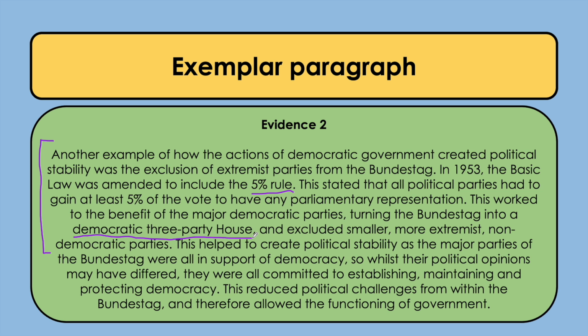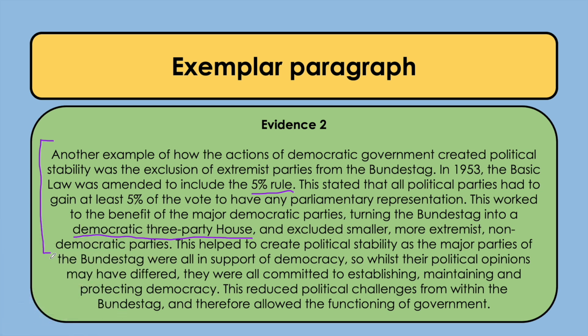Now, if I just said there that another example of how the actions of democratic government created political stability was the exclusion of extremist parties from the Bundestag, in 1953 the Basic Law was amended to include the 5% rule, your examiner is going to be like, that's fantastic, that is absolutely correct, there is nothing factually wrong with that. But I'm going to be left wanting that little bit more, that little bit extra is what we're going to be looking for.